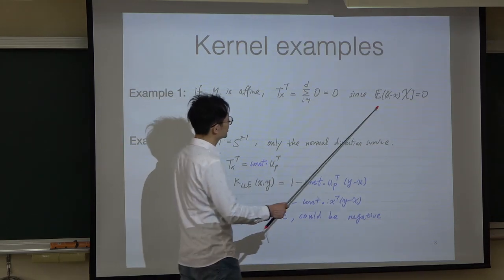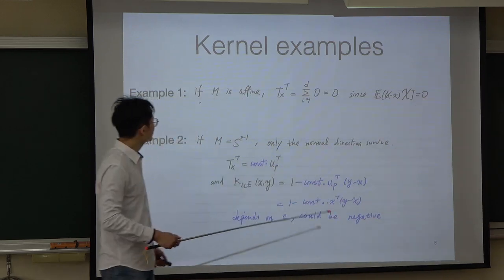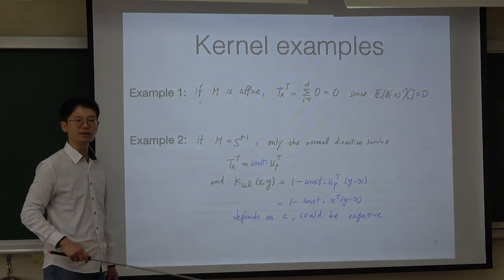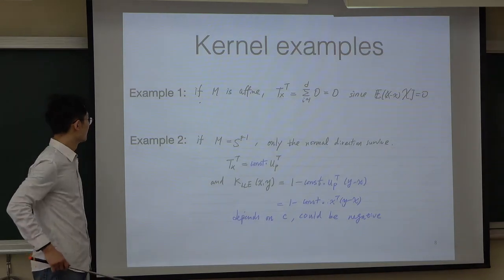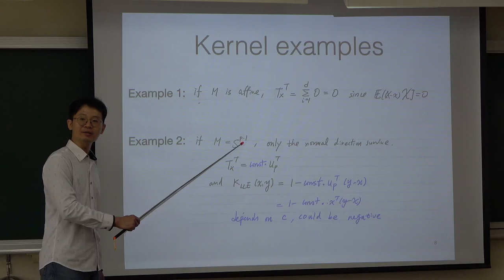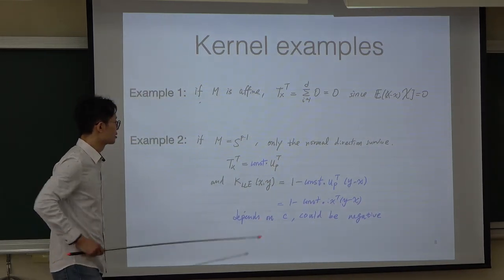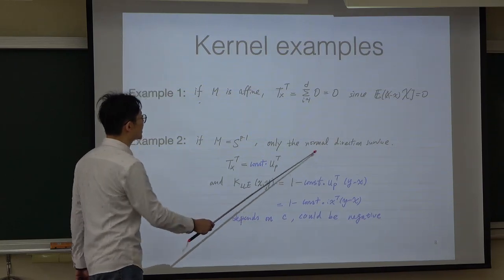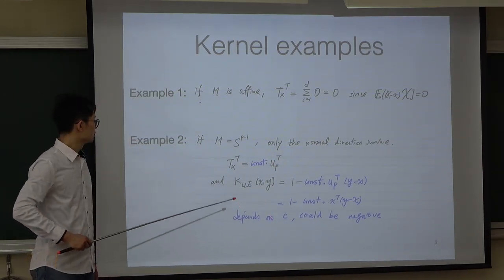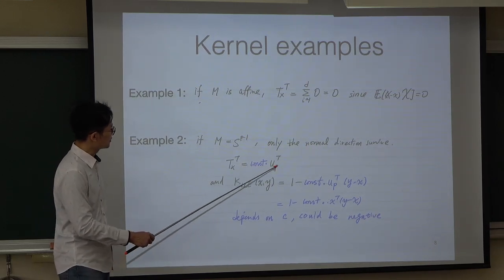So you get this expectation of Tx being 0, and very good, you get a 0-1 kernel. But if the manifold is a sphere, for example, S^{p-1} embedded in R^p, then in the end, you will only get the normal direction. And you will see that Tx will be a constant times u_x.